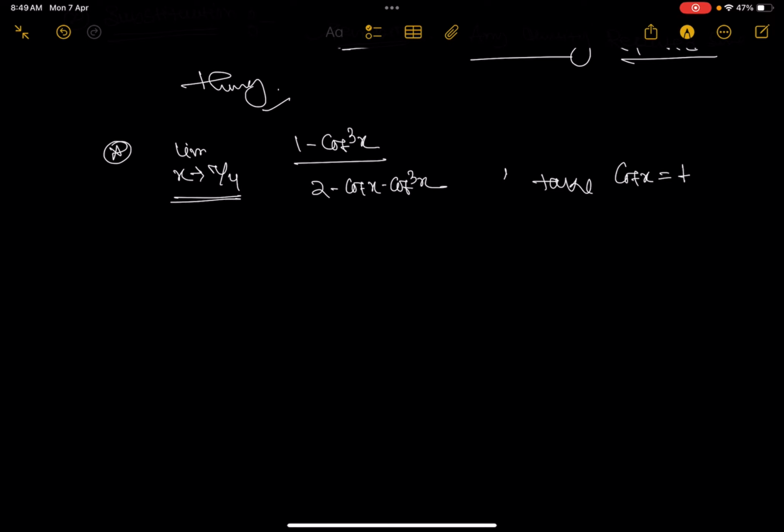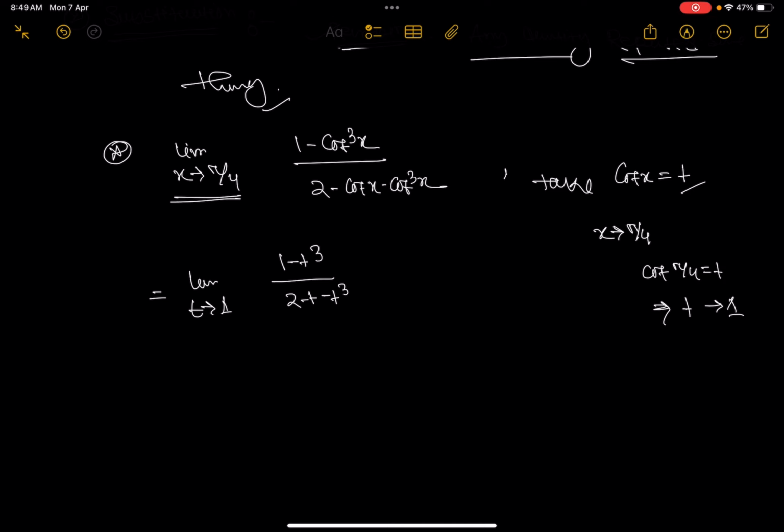Similarly the limiting value should be changed. When x tends to pi by 4, cot pi by 4 equals t, which implies t goes to 1. So the limiting value should be changed when we change the variable. So limit t tends to 1, 1 minus t cube by 2 minus t cube.